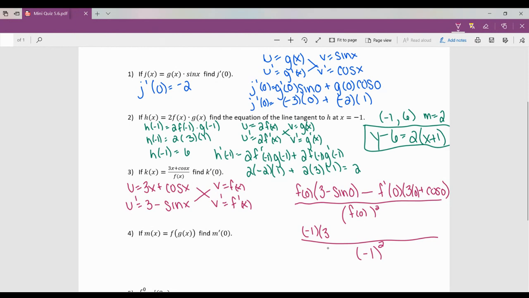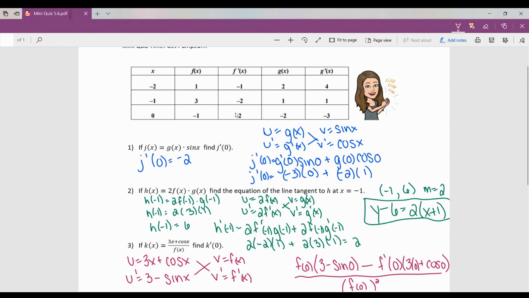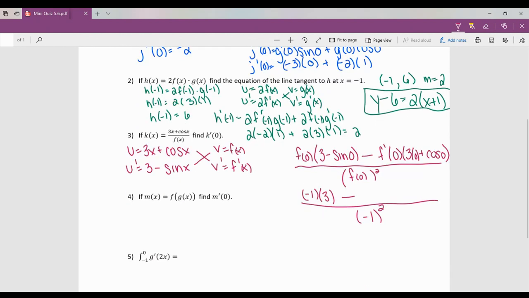That's the y value at 0, which is 0. So 3 minus f prime of 0. F prime of 0 is going to be 2 times 3 times 0, which is 0, plus the x value at 0, which is 1. So 0 plus 1 is 1.